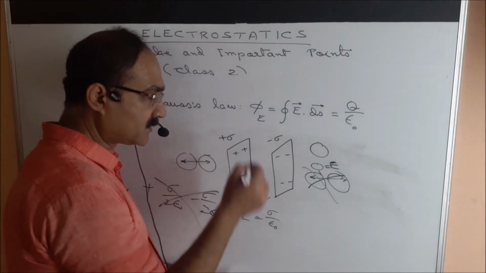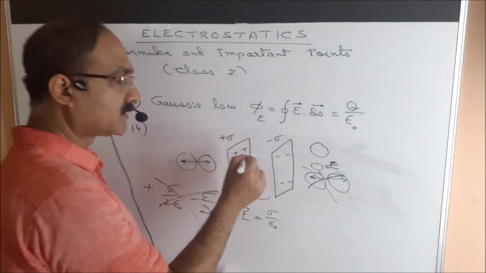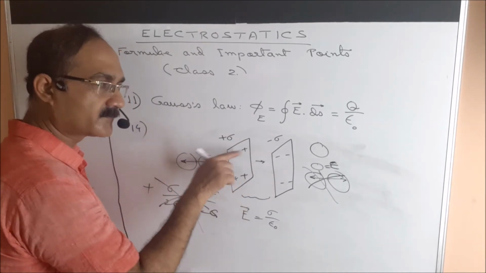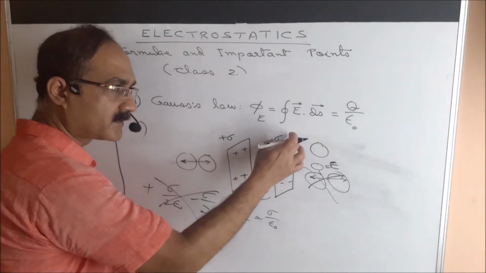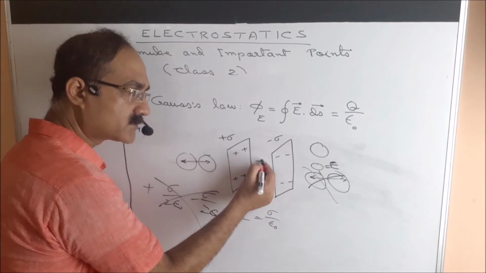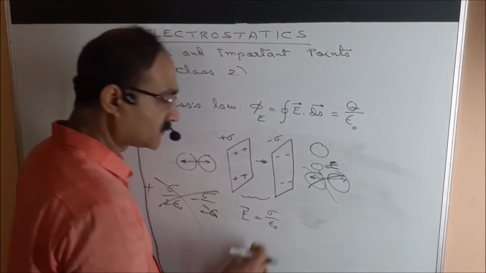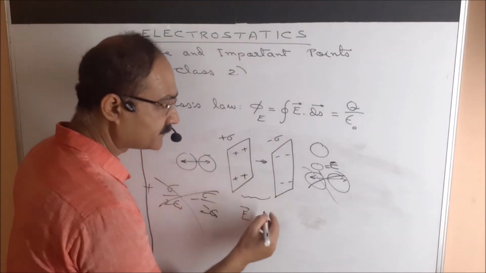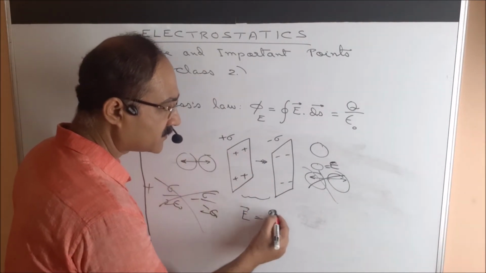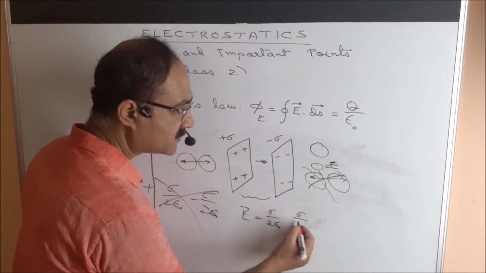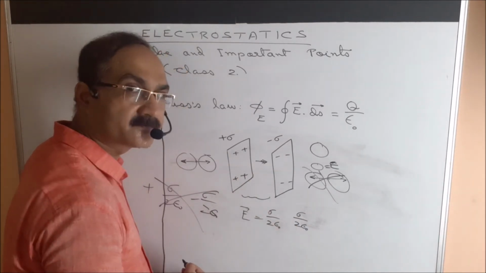Right? Take a point in the middle. Electric field due to this sheet is along this direction, away from it. Electric field due to this sheet is again along this direction, towards it. So these two will add up. For this sheet it will be sigma by twice epsilon naught. For this it will again be sigma by twice epsilon naught.